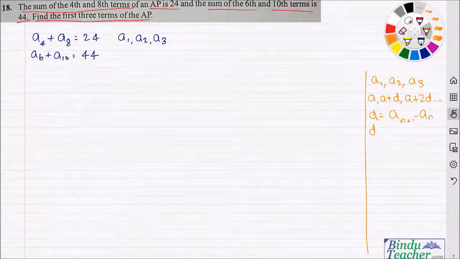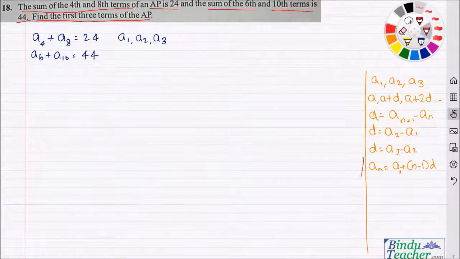Or for example, d equals a2 minus a1, which is also equal to a3 minus a2. The formula for finding the nth term is a of n equals a plus n minus 1 into d, where a is also same as a of 1.